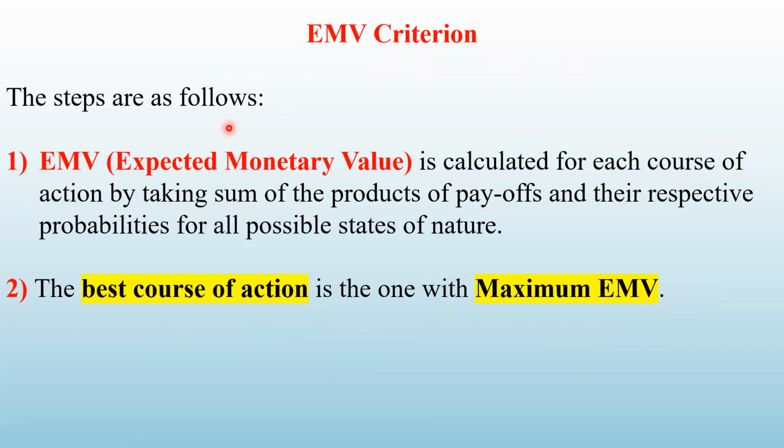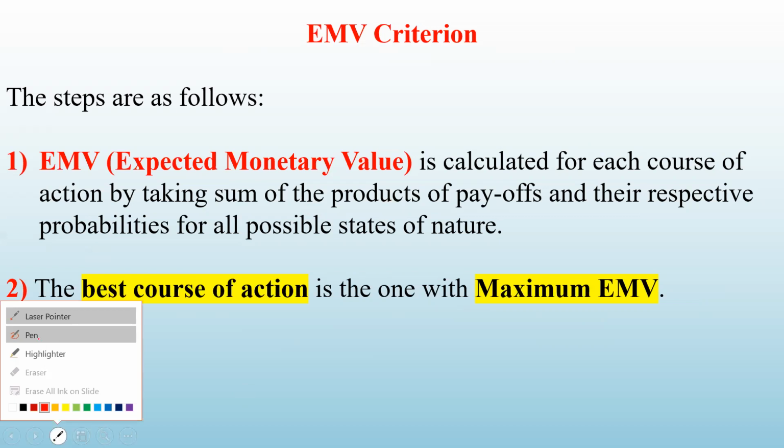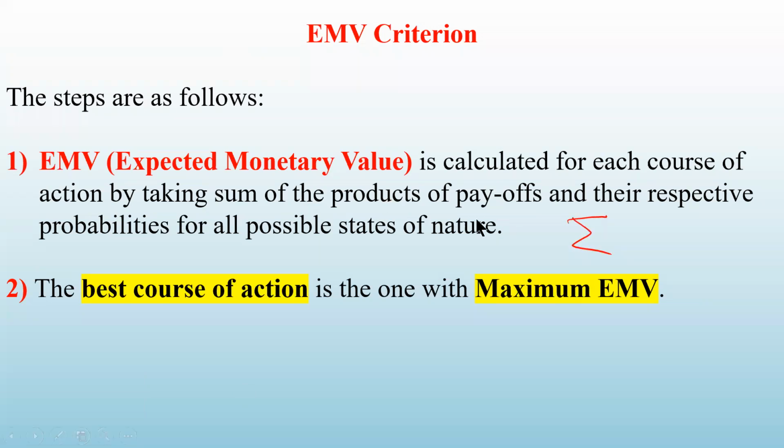Now, what is this EMV criterion? The steps are as follows. First, we calculate the EMV for each course of action. How is it calculated? By taking the sum of the products of payoff and their respective probabilities. Suppose I denote the payoff by P. Payoff means profit values, correct?